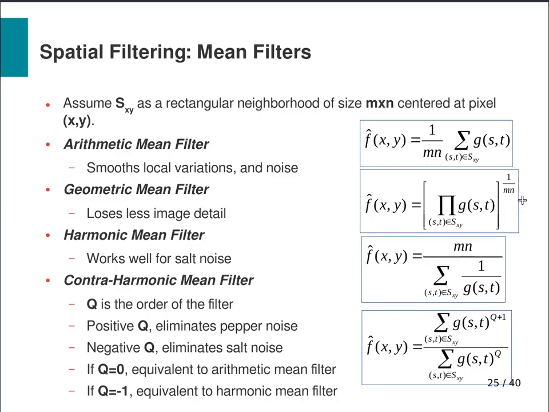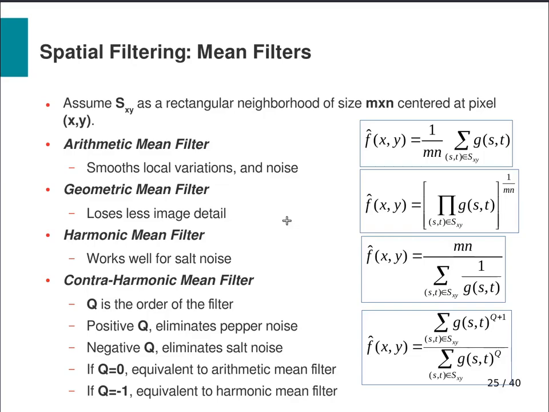So if you are working in a 3 by 3 neighborhood, you calculate the product of 9 intensity values, and then you take it to the power 1 over 9. As opposed to the arithmetic mean filter, the geometric mean filter loses less image detail, while the performance in terms of noise reduction is very similar to the arithmetic mean filter.